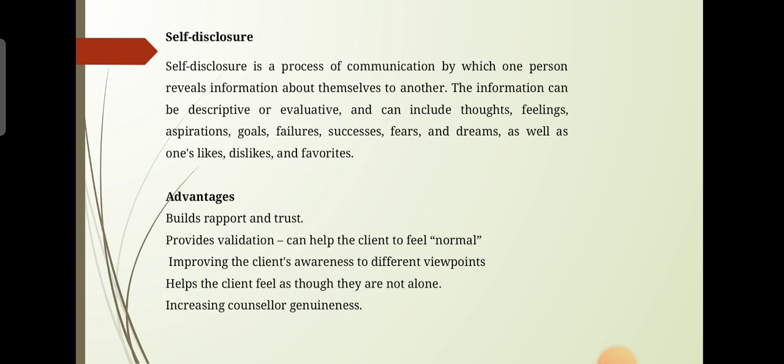Non-verbal self-disclosure is self-disclosure that happens by body language or gestures or the clothes that you wear or jewelry or any other clues which may reveal your personality to others. Non-verbal self-disclosure may sometimes be unintentional. So, these are the two types of self-disclosure.